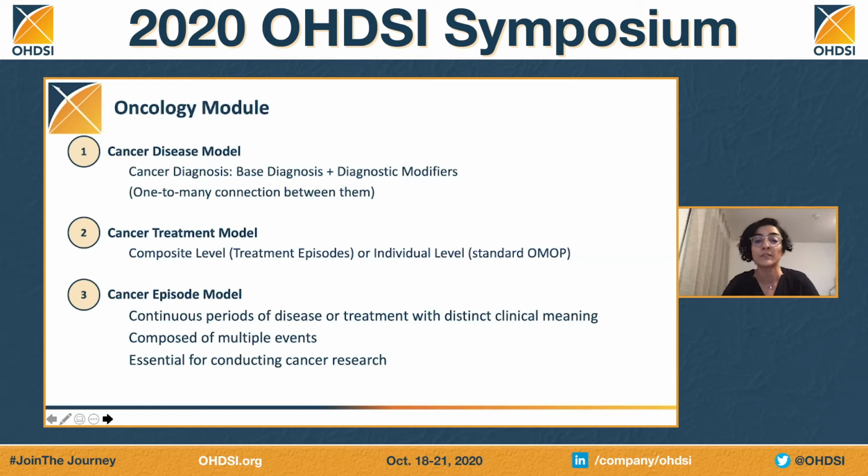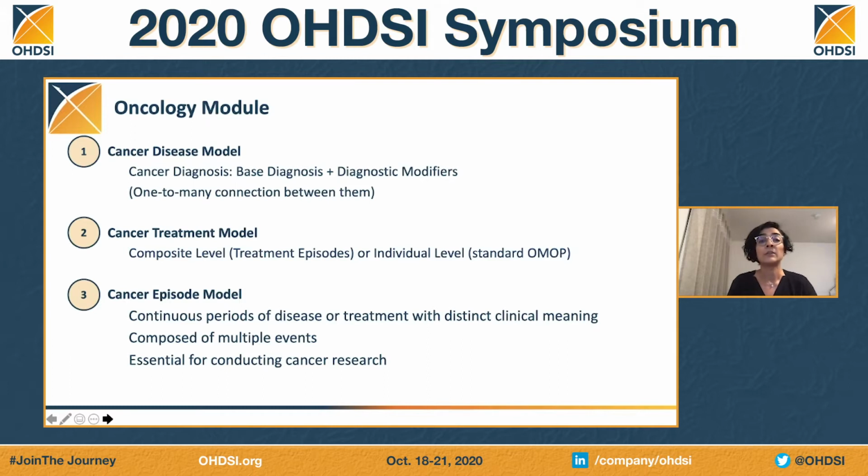We introduced the cancer treatment model, which enables us to define composite level treatment information, treatment regimen for example, in addition to individual level information on drugs or procedures. And finally, we introduced cancer episode models. These are essential for conducting cancer research, and you heard about it in Rima's talk. All these three components provide us with everything that is necessary to conduct comprehensive cancer research.